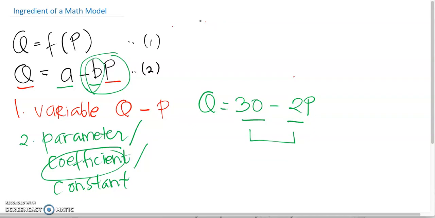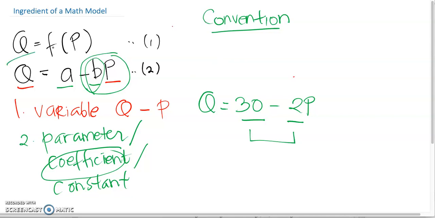And the important note that I would like to talk about here is the convention in writing down parameters. Mathematicians have agreed on a convention to help people avoid confusion, not mixing up variables and parameters.